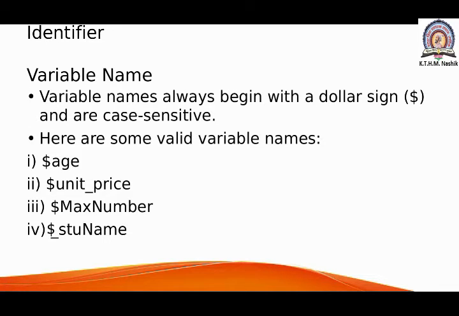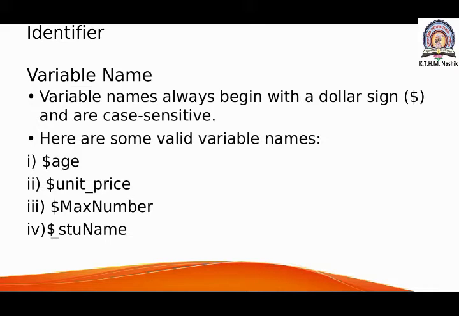Next is identifier. An identifier is simply a name. In PHP, identifiers are used to name variables, functions, constants and classes. That means it is simply a name, and we give this name to a variable, function, constant or class. The first character of an identifier must be an uppercase or lowercase letter or the underscore character. When you write any identifier, you have to follow these rules.